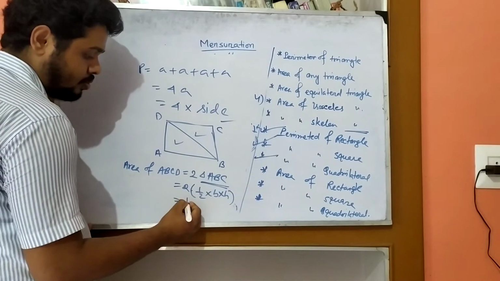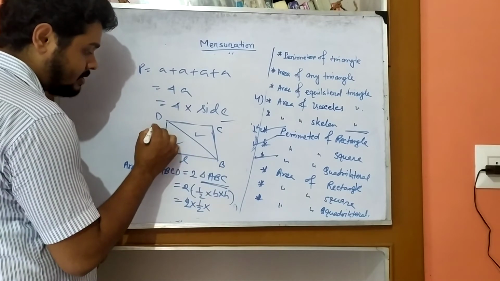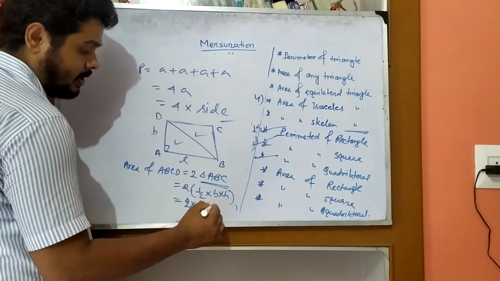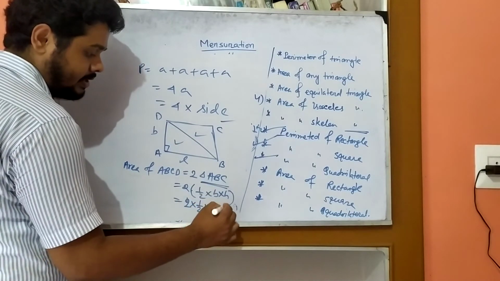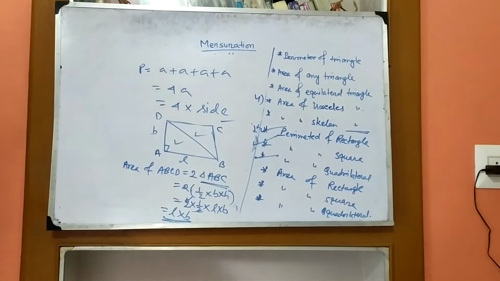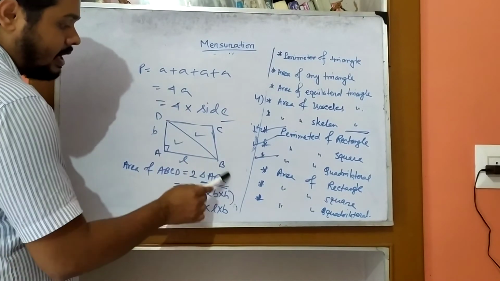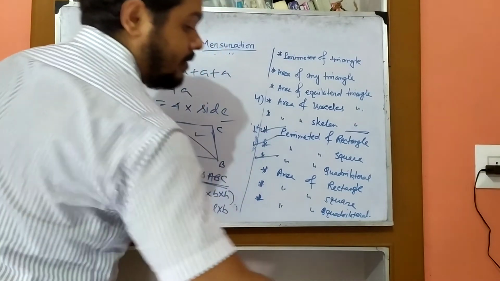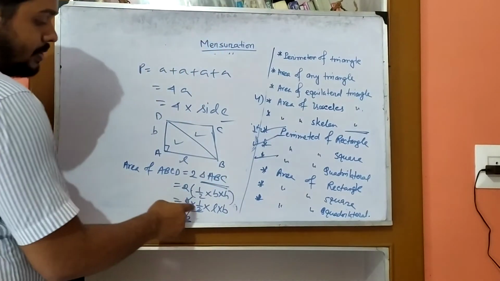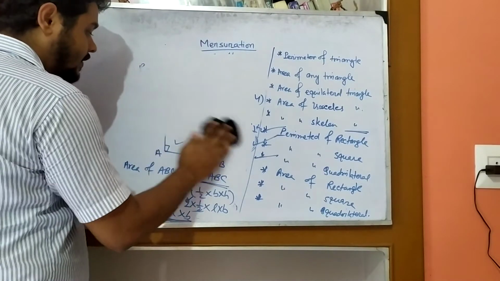So 2 into half into base, suppose this is the length and this is the breadth. As these are perpendicular, this is the length and the height is the breadth. So the 2 cancels, and L cross B. So the area of a rectangle is length into breadth. Clear? So the area of a rectangle means 2 into the area of two equal triangles, and using the triangle formula half into base into height, 2 into half cancels, that is L cross B, that is length into breadth. That is the area of a rectangle.